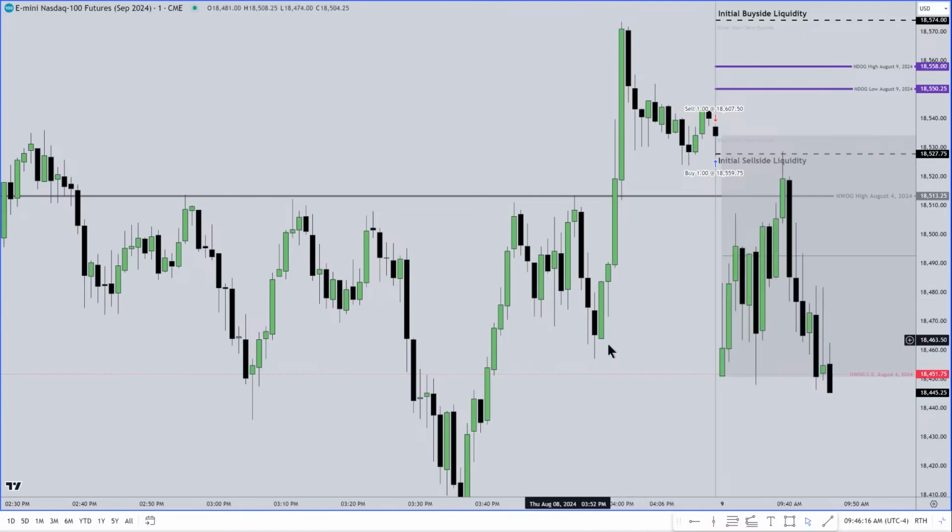Because we had already taken out this low. See that? And then we worked into that range all the way up to the initial sell side liquidity, not the entire gap closure. That's a huge paradigm shift for people that have asked all the time, how do you know when it's not going to be a full closure on the gap? Well, you're going to implement what I just did here. And all those factors are going to be weighing on whether or not the gap completely closes or not.